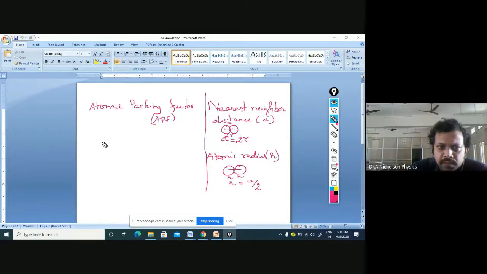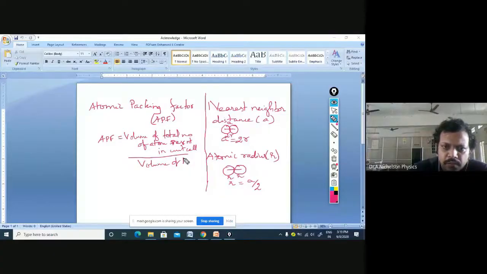So the formula for this is APF is equal to the volume of the total number of atoms present in the unit cell, divided by the volume of the unit cell.